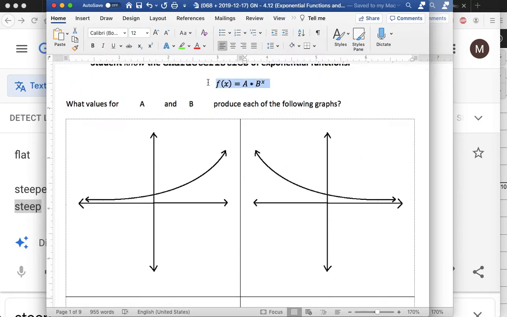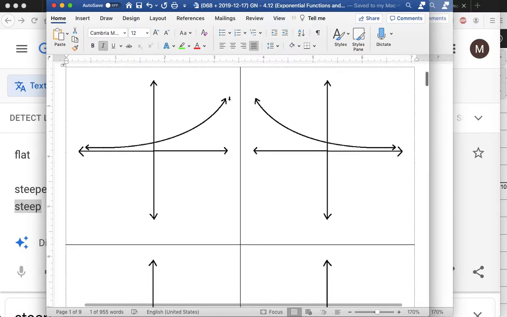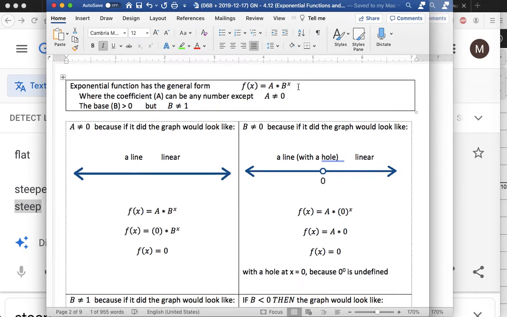This is the equation for exponential functions. Let's talk about what values a and b cannot be. For this general equation, a can be any number except that a cannot be 0.